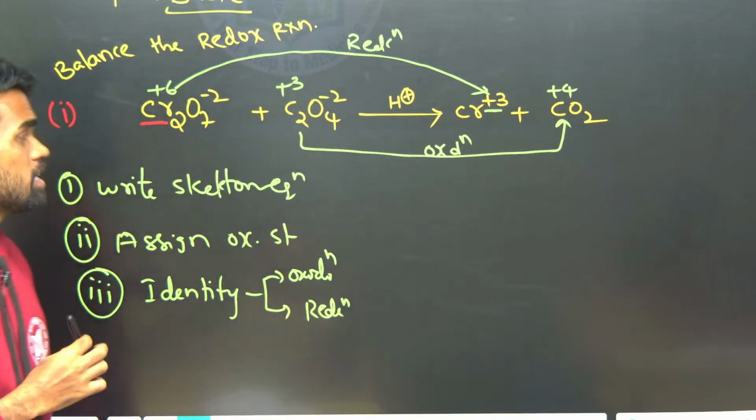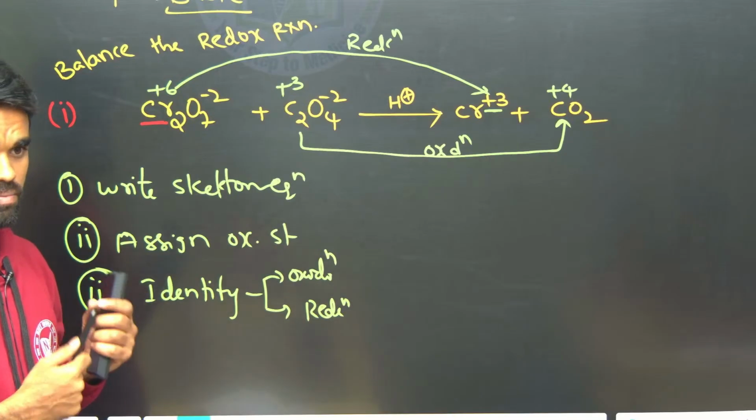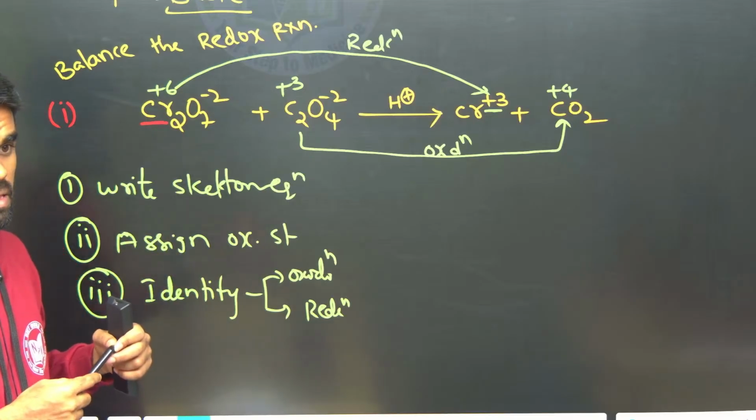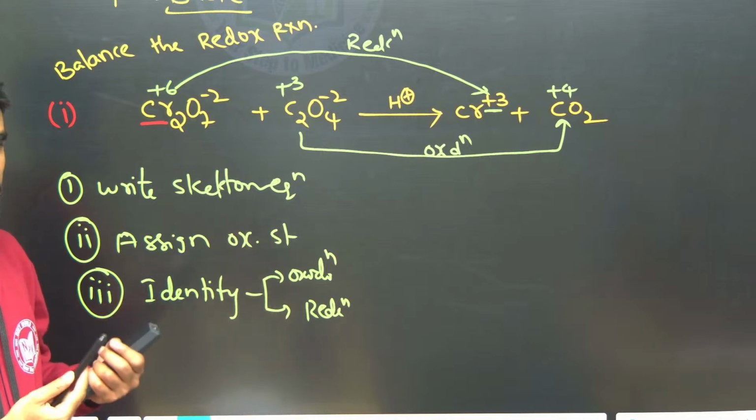After writing this, now find the number of electrons changing. We should find the corresponding coefficient to multiply. How can you get that?